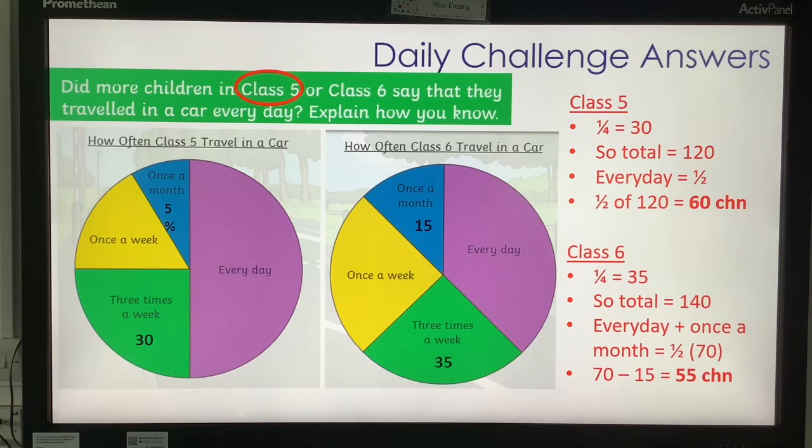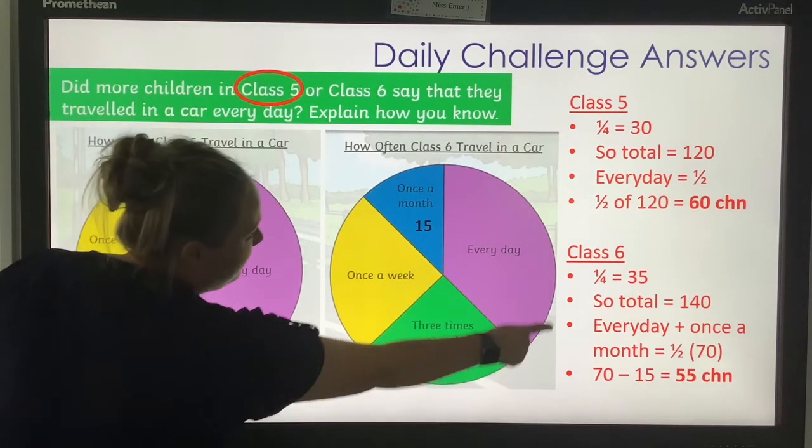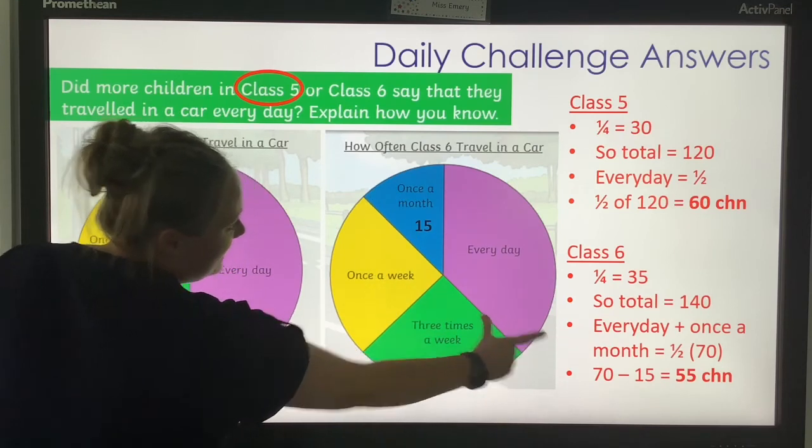We then can see from our pie chart that once a month plus every day combined together make 1/2, and we know that that 1/2 is worth 70 because our total is 140. So we know that these two together are 70.